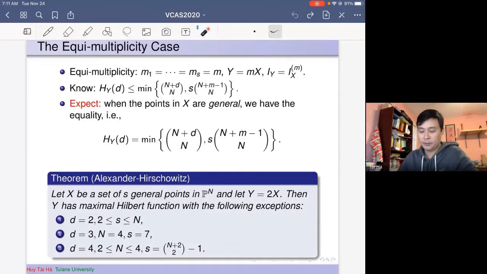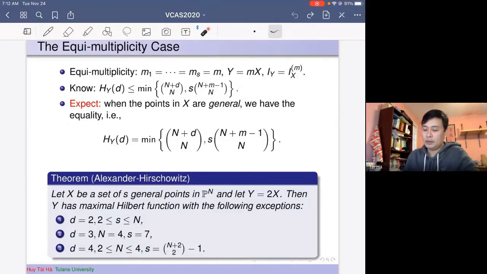Either we have quadratics, and the number of points is at most the dimension of the ambient space, or we're looking at cubics, 7 points in P^4, or we're looking at quartics, and if n is 2, then we have 5 points in P^2, or n is 3, we're looking at 9 points in P^3, or n is 4, we're looking at 14 points in P^4.